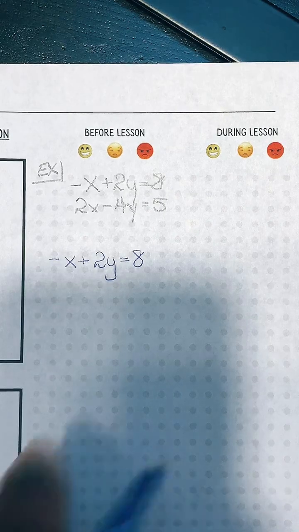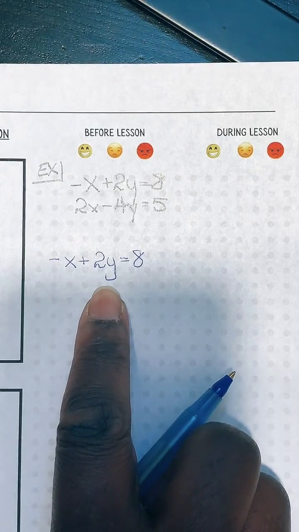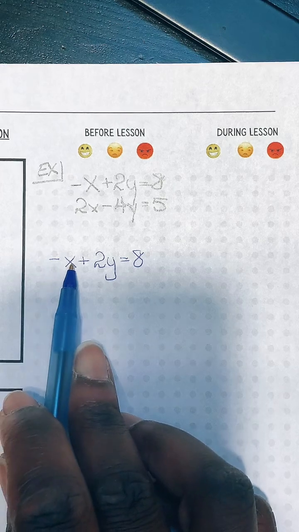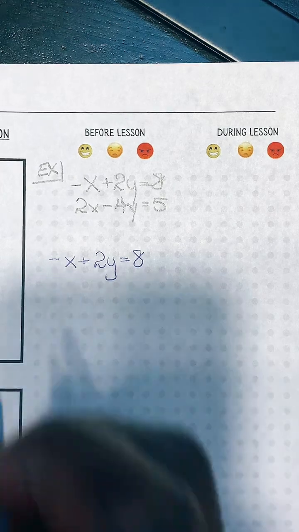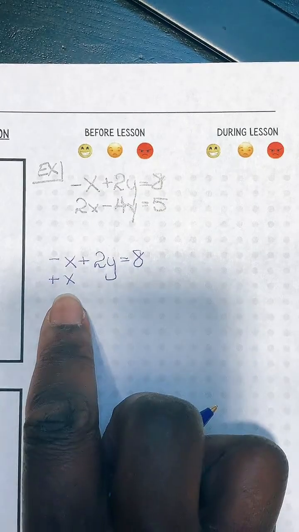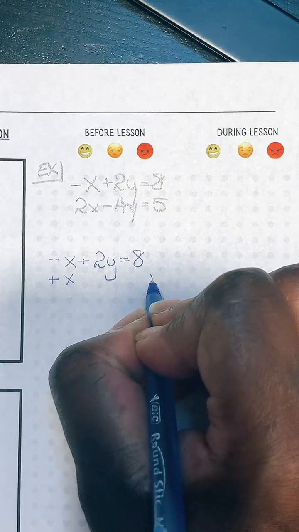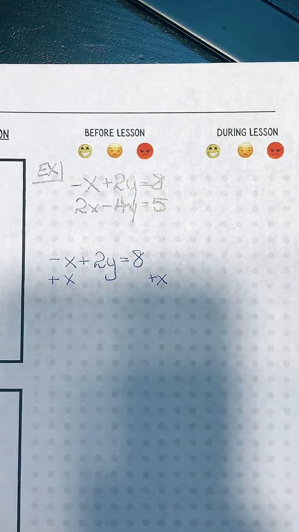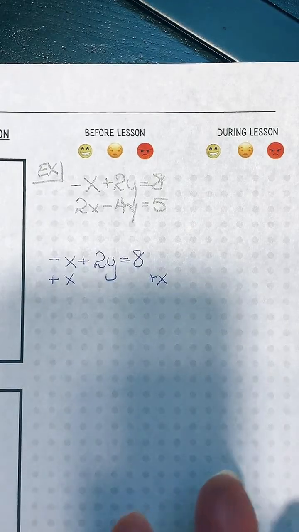Okay, so we want to get y by itself. There we go. Good. So there was a minus x. So the opposite of minus is plus. Whatever we do to one side of the equal sign, we must do to the other. It's all about balance. I'm a Libra, so it works for me.